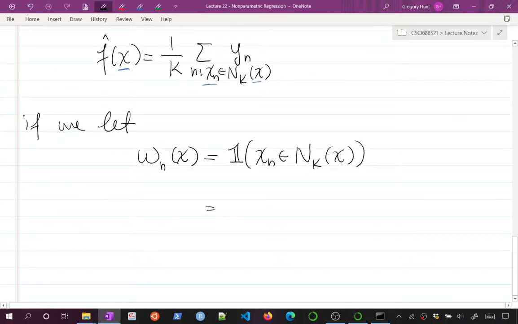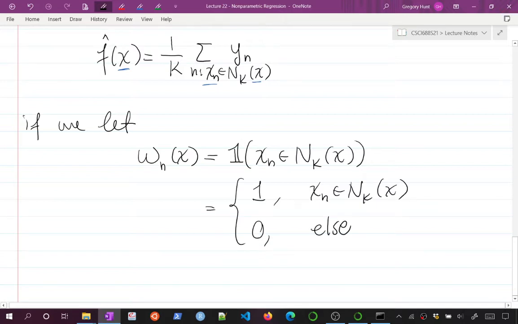So this is purely 1 if xn is one of the k closest things to x in my training data, and 0 otherwise.